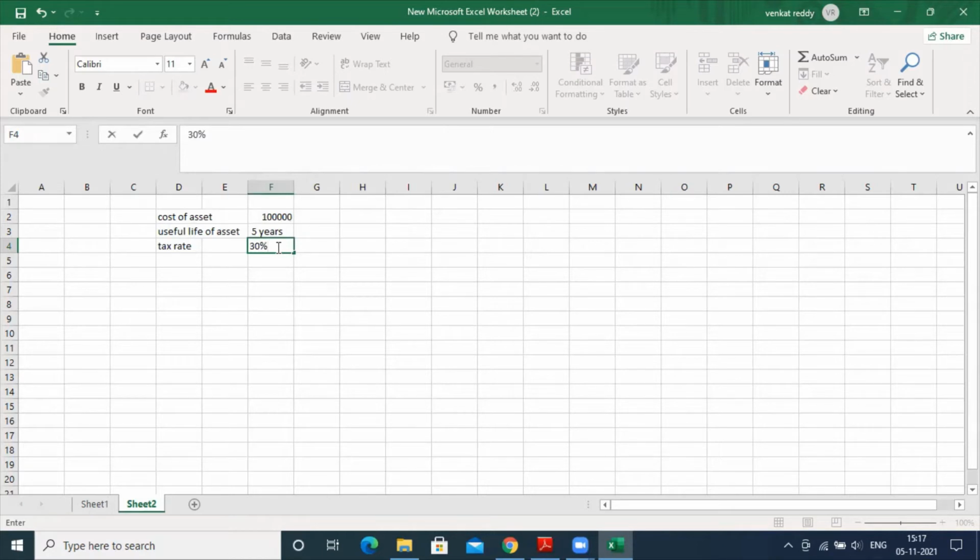And as per the tax authorities, the following is the permissible amount of depreciation. So generally we say it as depreciation or capital allowance.